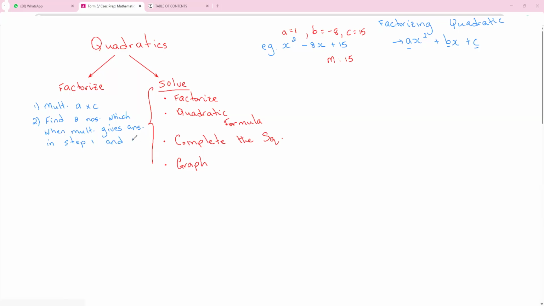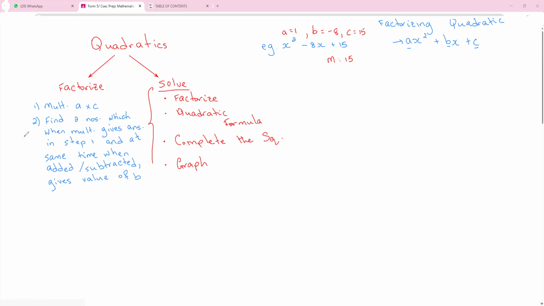And at the same time, when added or subtracted, gives the value of b.